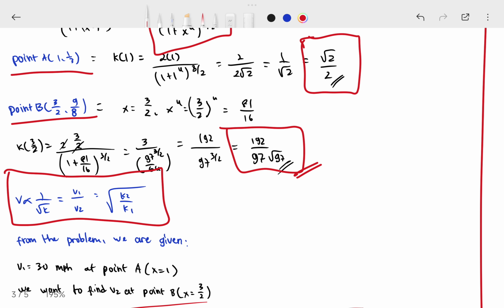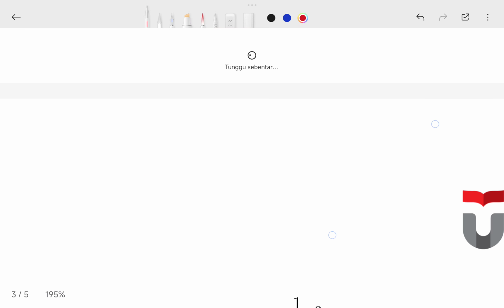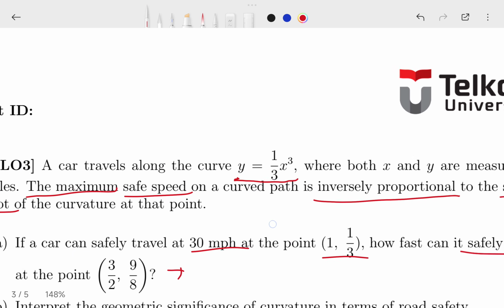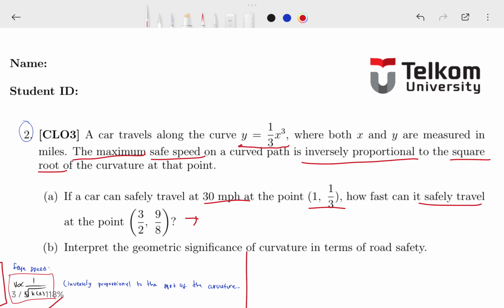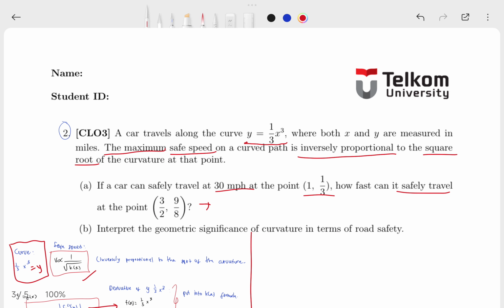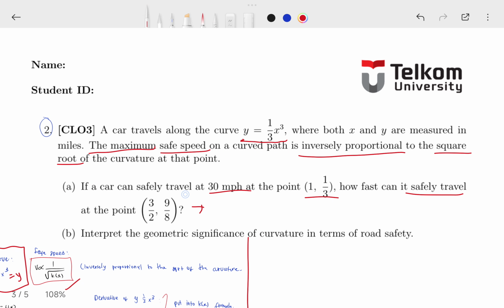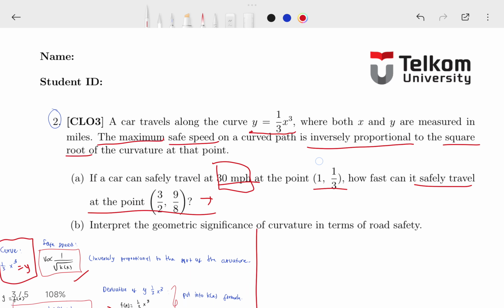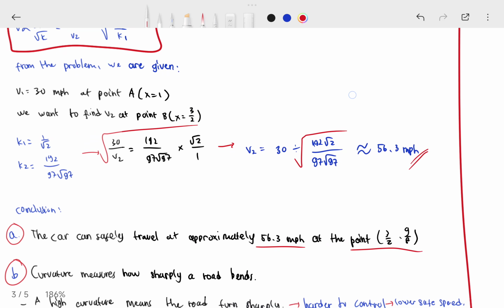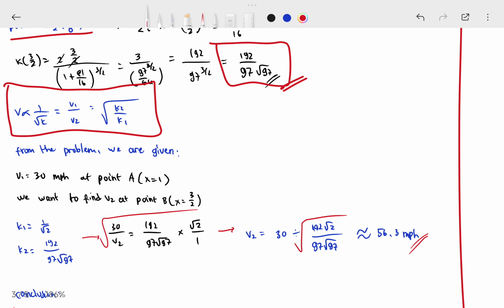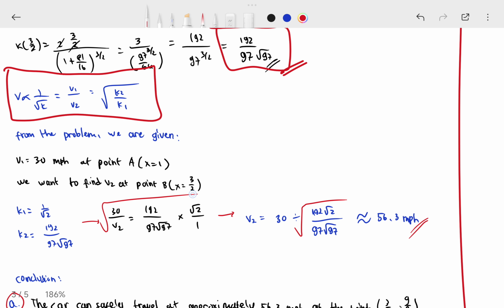From the problem we are given v1, the first speed, which is 30 miles per hour at the point A. Then we want to find the safe speed v2 at point B, where x equals 3/2.